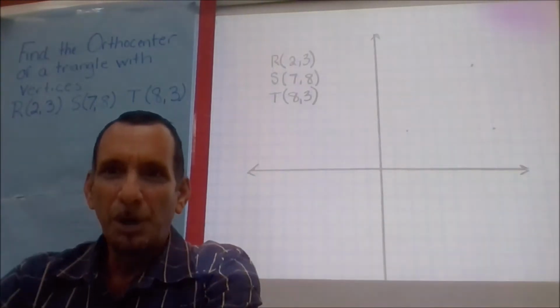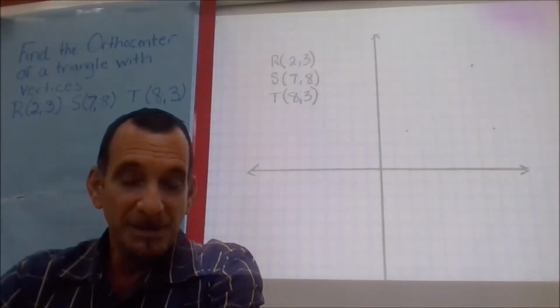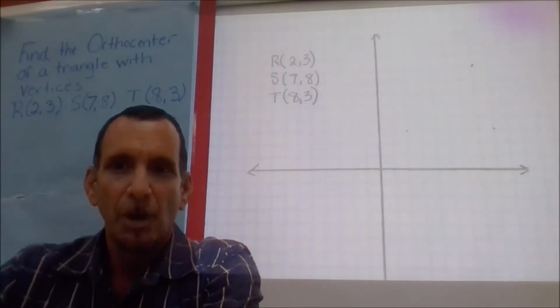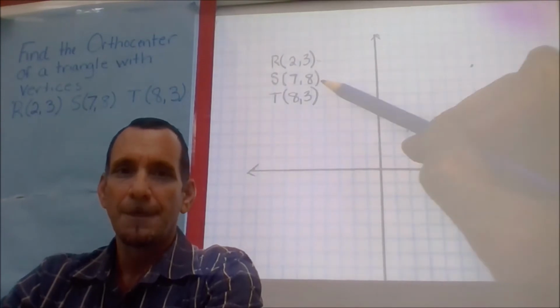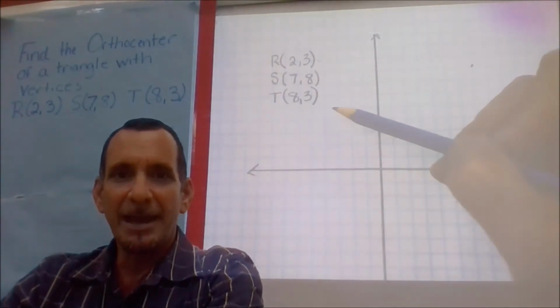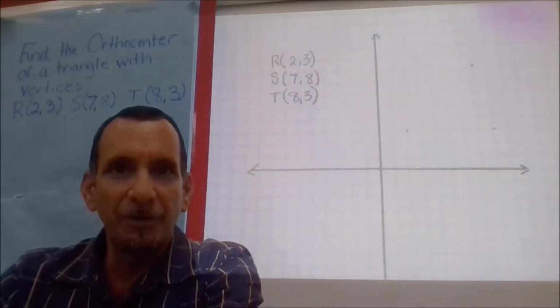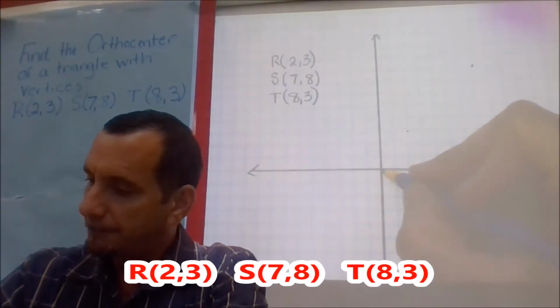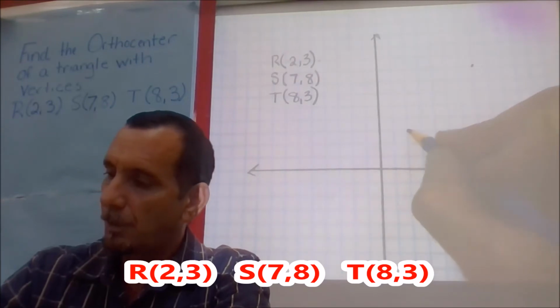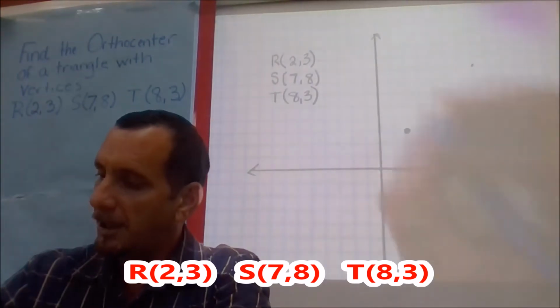So, we want to find the orthocenter of a triangle with the vertices of the triangle at 2, 3, 7, 8, and 8, 3. So let's go on over and plot those points. R, 2, 3.